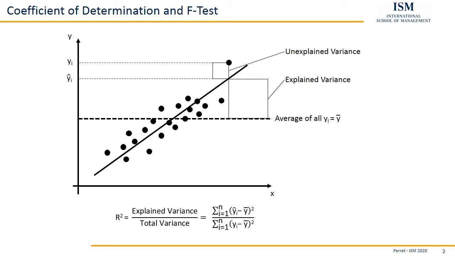And this can be used in an f-test to find out if the overall model has explanatory power, significant explanatory power. However, what the test actually tests is the H0 hypothesis, none of our coefficients is significantly different from 0, or H1, at least one of the coefficients is significantly different from 0.